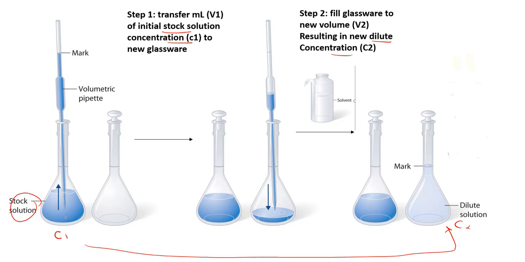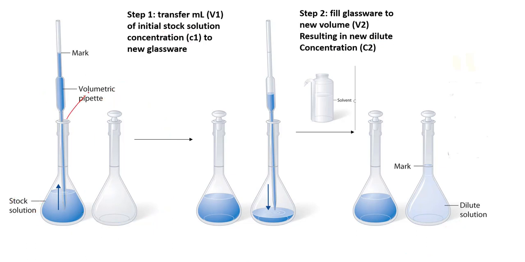So here is an empty volumetric glassware. And we're going to use a special transfer glassware called a volumetric pipette. It's used to suck up some of the original concentrated amount so we don't waste it all. And we're going to transfer it into the empty glassware.